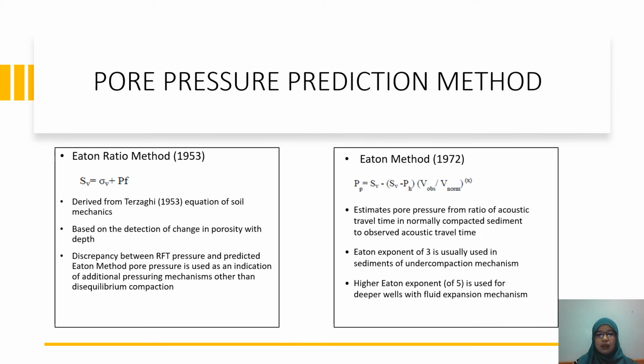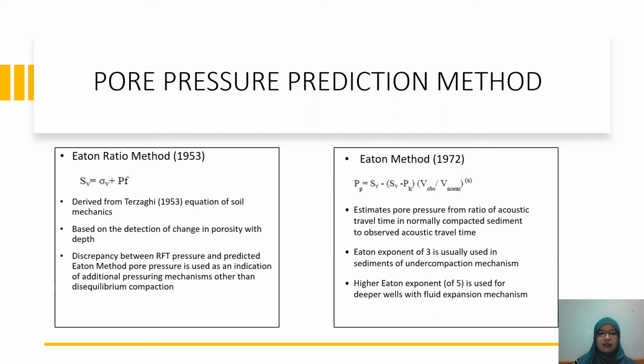As we can see, this is the equation for the Eaton ratio method, whereby Sv is the total vertical stress, σv is the vertical effective stress, and also Pf, which is the pore fluid pressure. The Eaton ratio method is derived from Terzaghi in 1953 from the equation which is used for soil mechanics.